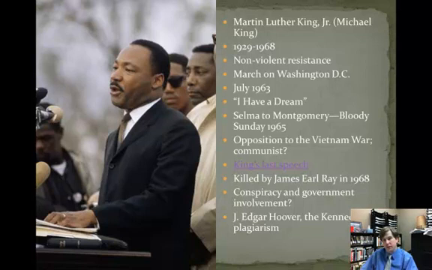In 1965, you had something called the Bloody Sunday event. There was a march from Selma, Alabama to Montgomery, Alabama, when many people were beaten up, dogs were sicked on people, water cannons were used.